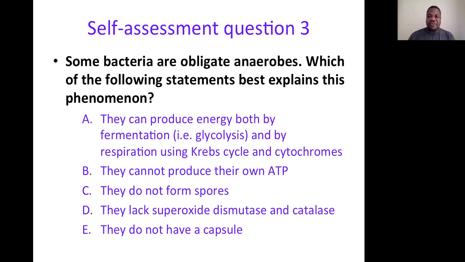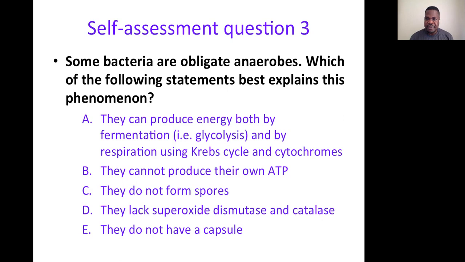B, they cannot produce their own ATP. No, this is also wrong, because they can produce 2 molecules of ATP, while those that use the Krebs cycle can produce 38 ATP. So B is wrong. C, they do not form spores.